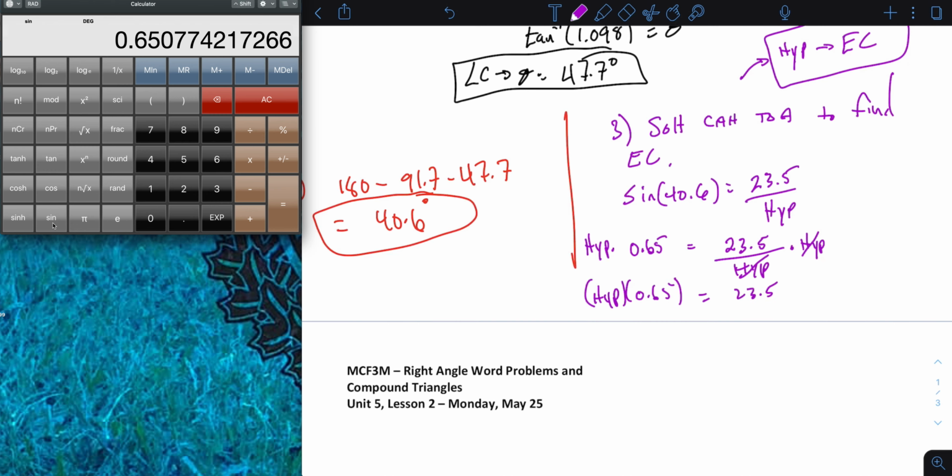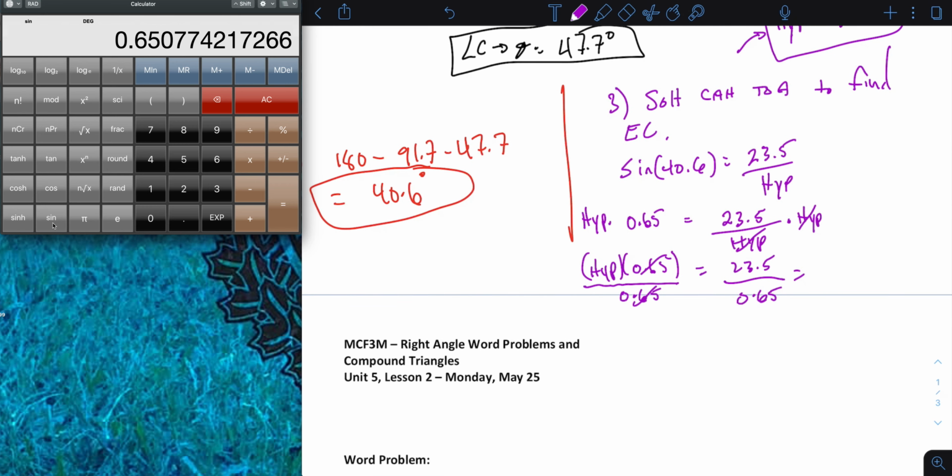Then you can divide both sides by 0.65. They cancel, and you're left with the hypotenuse equal to 23.5 divided by 0.65.